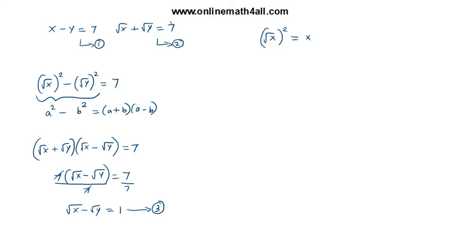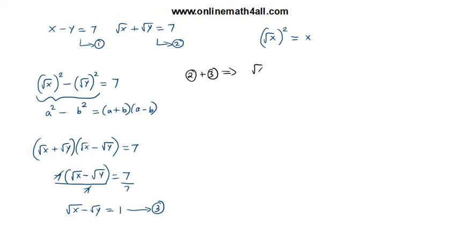Now if you add the second equation, the given original equation, and the third equation, the square root of y will get cancelled, because we have positive square root of y here and negative square root of y there. So I'm going to add the second equation and third equation.